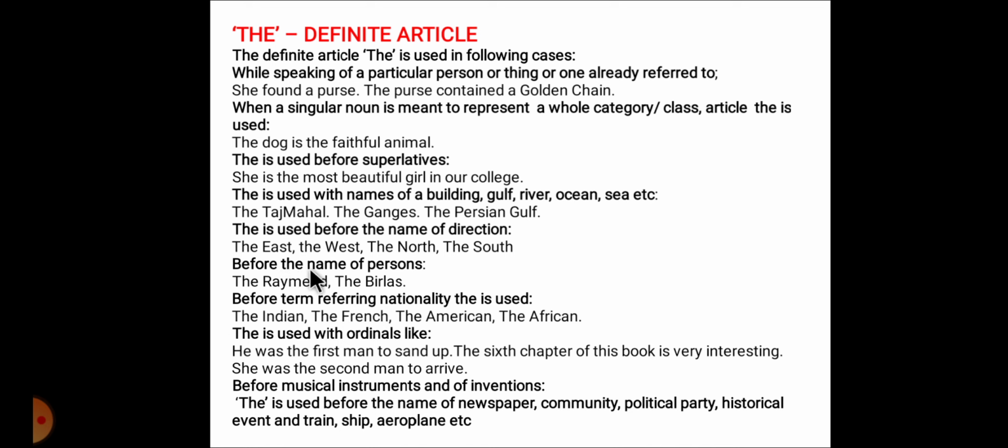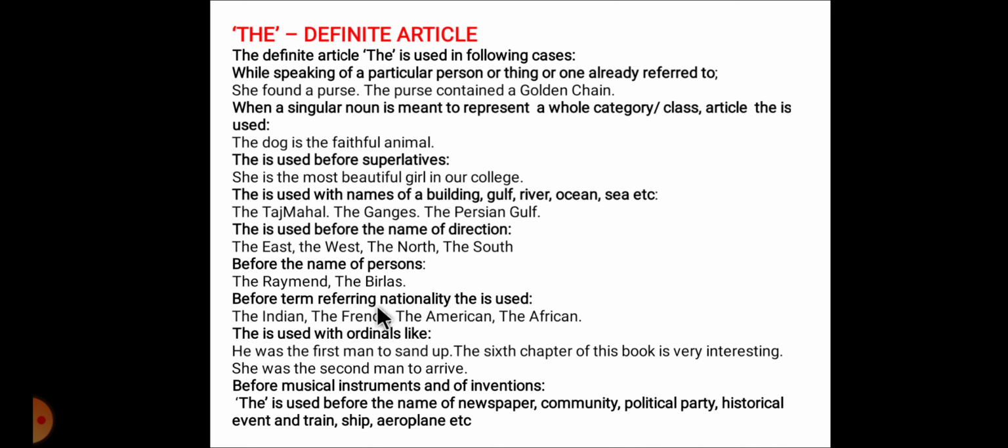Then before the names of persons. For example, some people put their surname on their bike or car, anywhere they want. For example, these are the Reddy brothers, the Raymonds, the Birlas. These are their surnames. So before their names we have to use the.